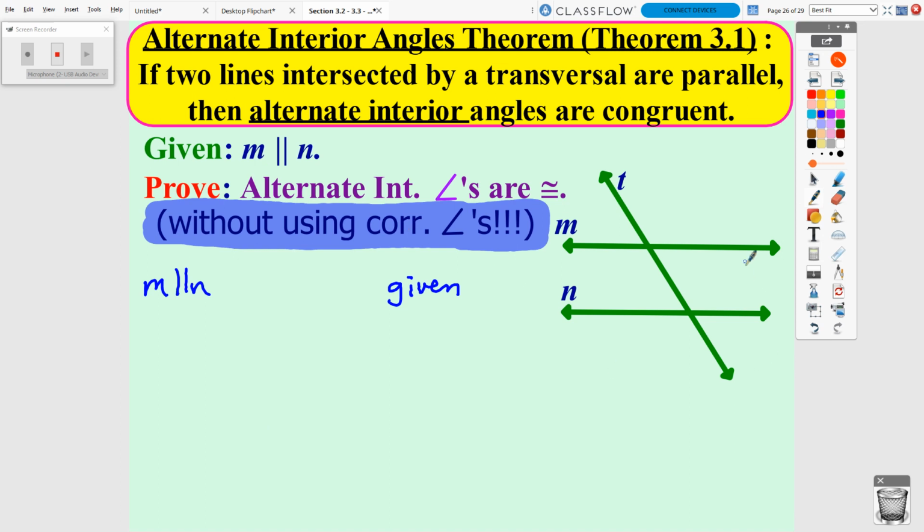So let's get some angles in here. Let's get an angle 1 and an angle 2 that are alternate interior. And remember, we can either put them here and here, or we could put them here and there. Does it matter which one we pick? No, it doesn't matter. I'm going to go with these two. Those are the angles that I need to prove are really congruent or equal to each other.